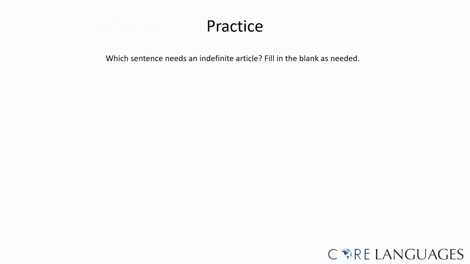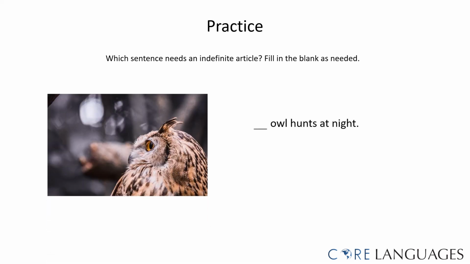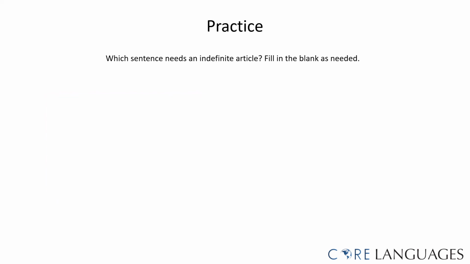Look at the following sentences and try to identify what article to use. Owl hunts at night. Correct. An owl hunts at night. The noun owl begins with the vowel O, so we need to use an. How about this sentence?